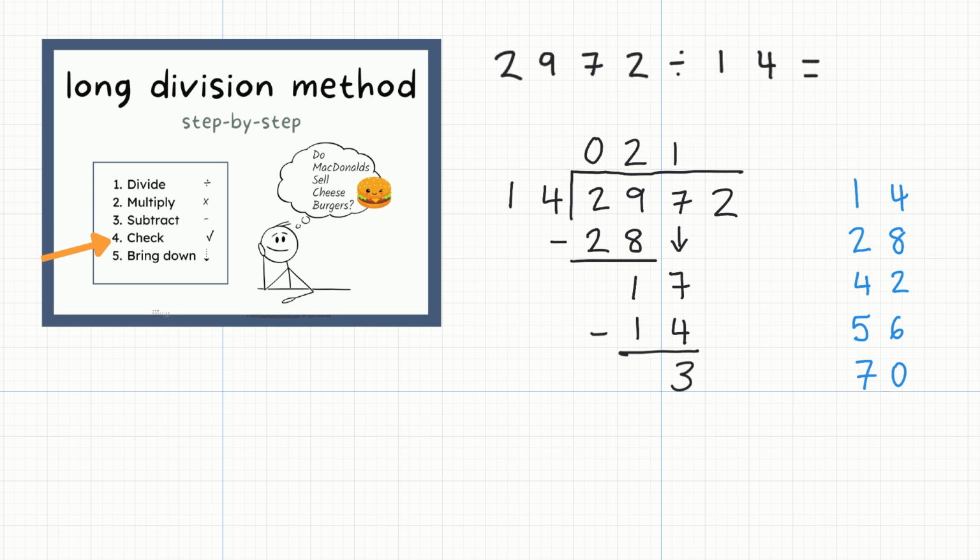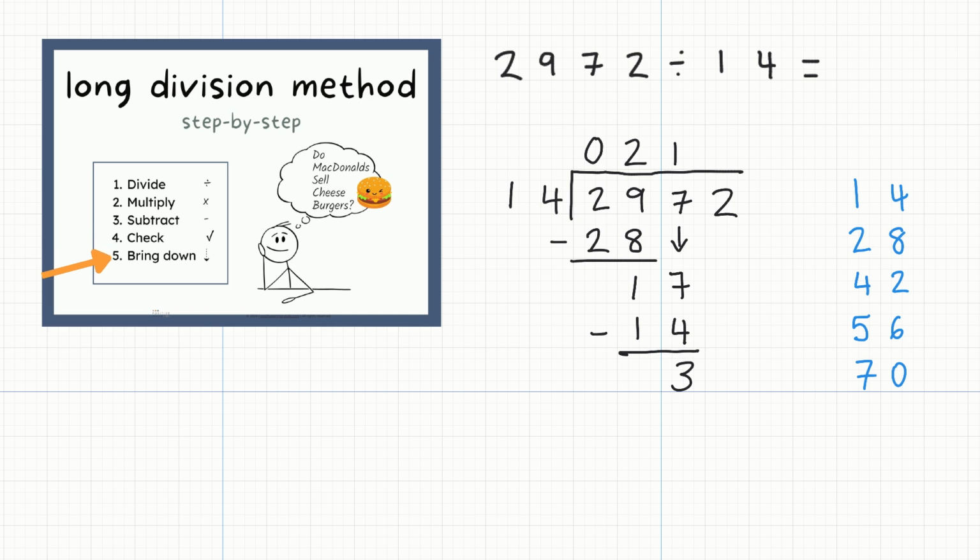And I'm going to check. 14 goes into 17 once. 1 times 14 is 14, and 17 subtract 14 is 3. Next is step 5, bring down.